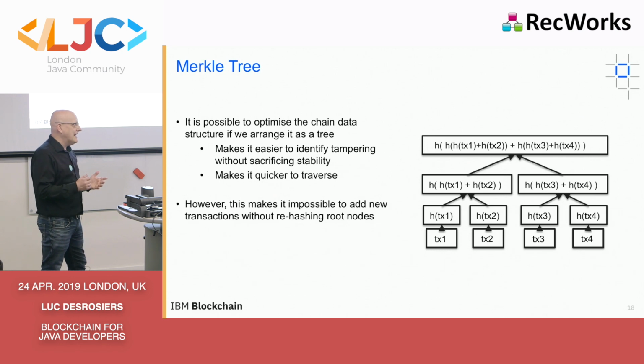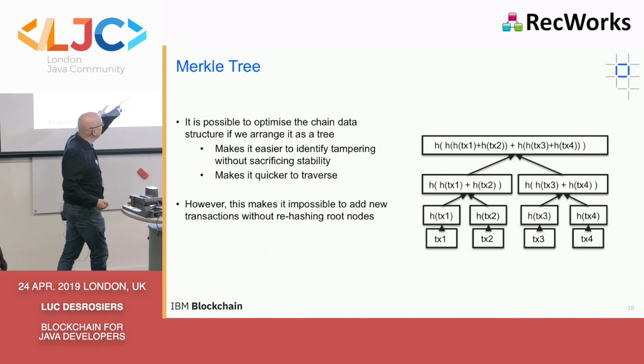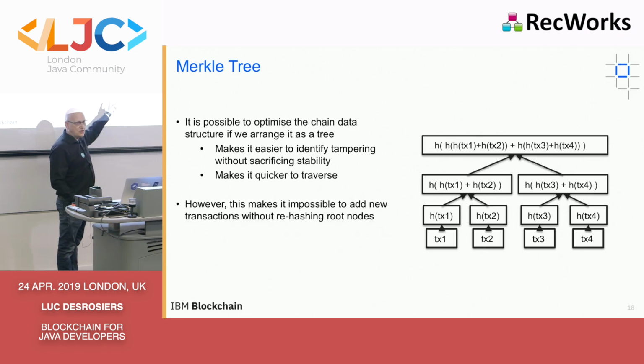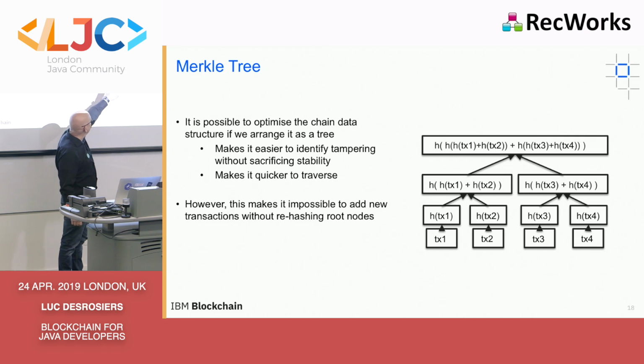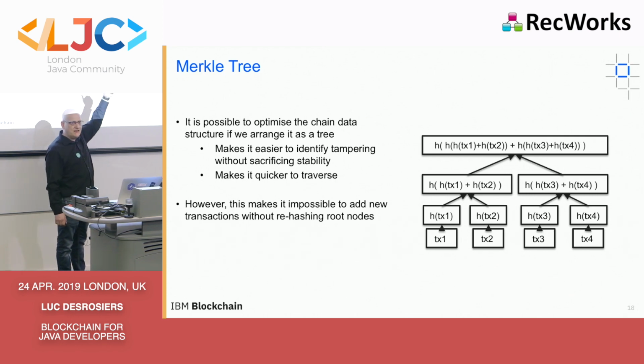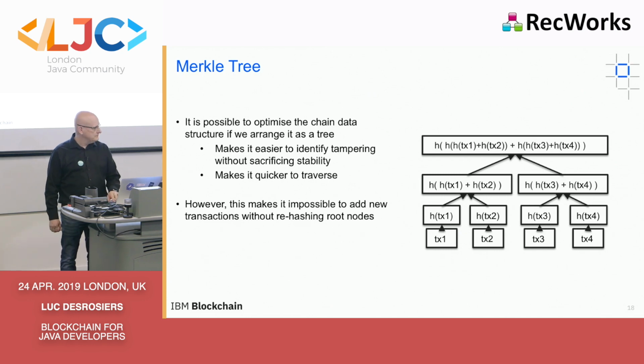Now the idea is that if I have a mismatch, I can quickly identify which branch is the culprit, because I can quickly recalculate some of those, move up the chain, and identify where I'm getting my mismatch.